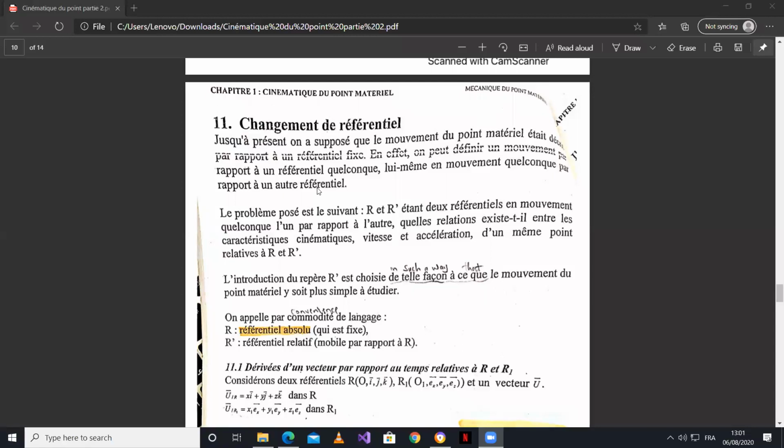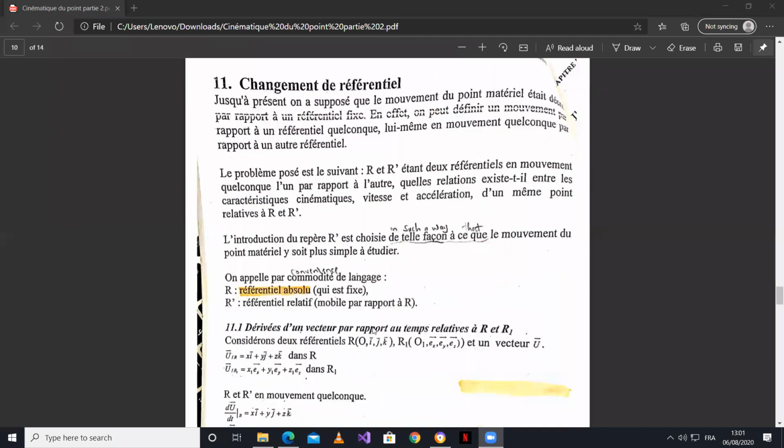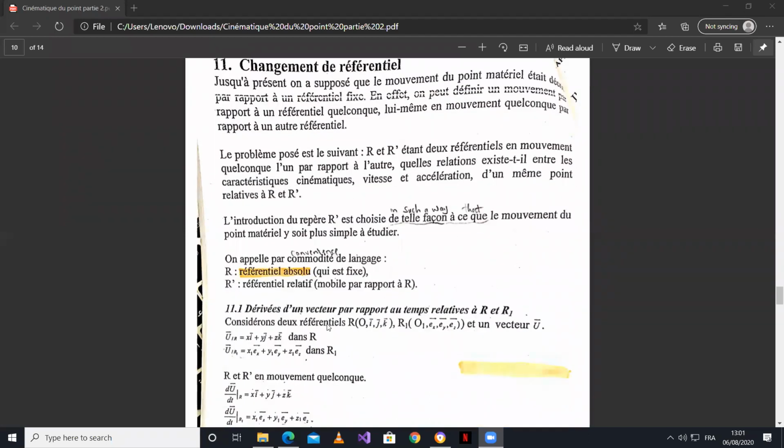So now, 11.1 goes on to give us la dérivée d'un vecteur par rapport au temps relative à R et R1. So let's see how it goes. They're telling us, considérons deux référentiels, R, O, I, J, K. So we have the first referential, origin O, avec la base IJK.